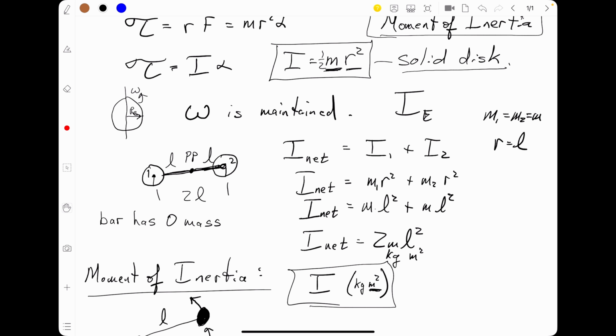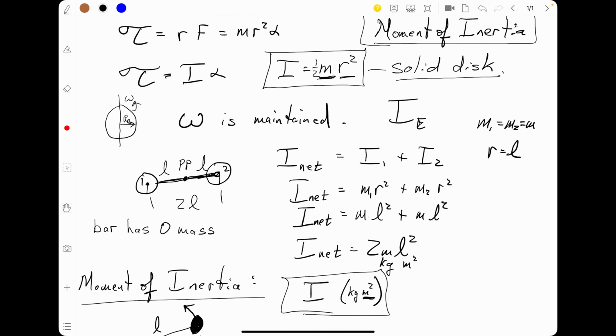When we did this one right here, we essentially considered each of the barbells a center of mass, and they were both rotating about some point, our pivot point, like this, okay? So, with some omega, all right?